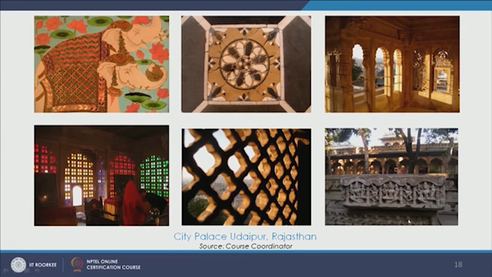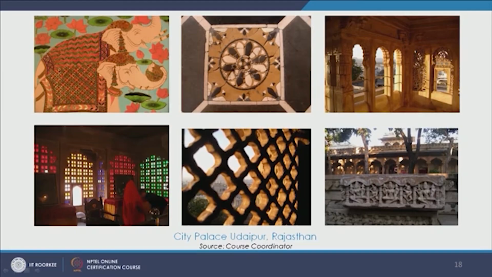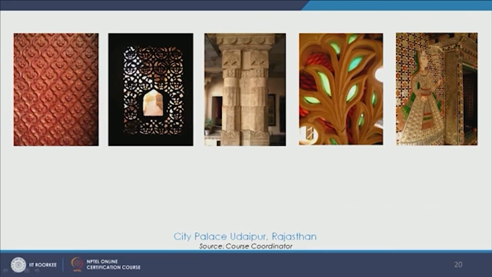So these all different space making elements, they are adorned with different craft forms, which are hand practiced and quite tedious to do, and it reflects on the skills of the master craftspersons. This is the inlay of blue glass, and over here we see the painting on the ceiling of one of the rooms or chambers in the palace.